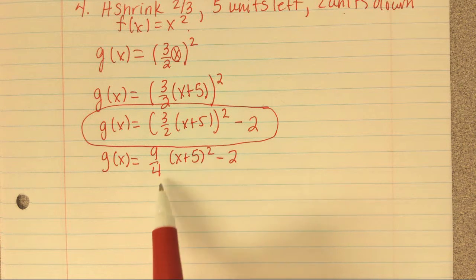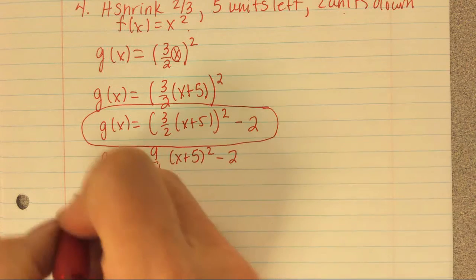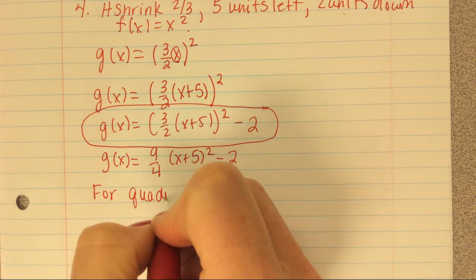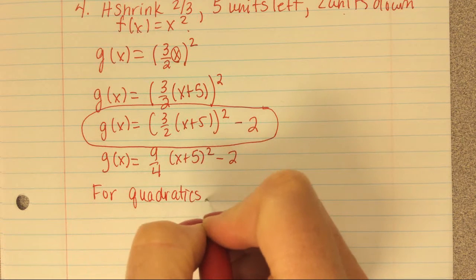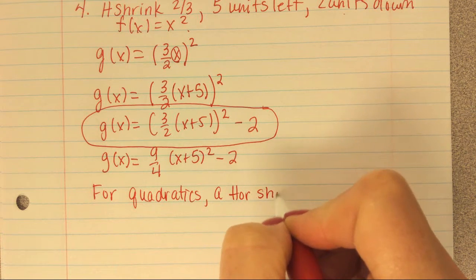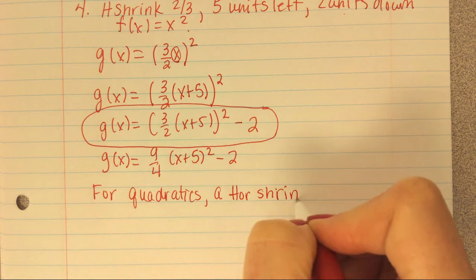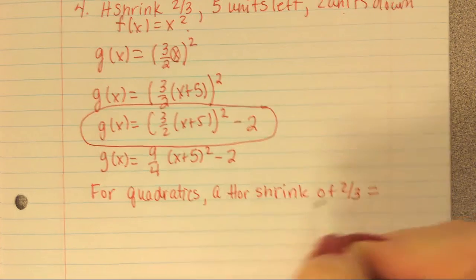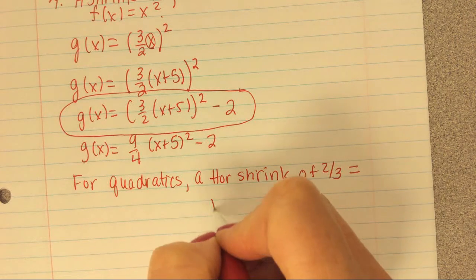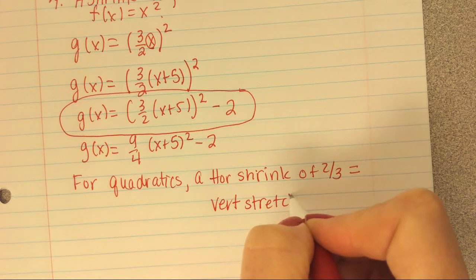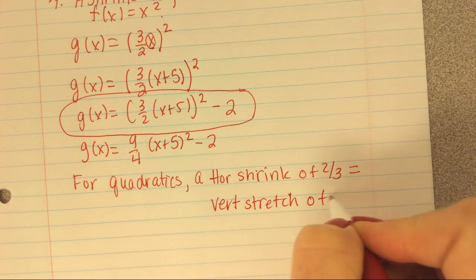But what this is also saying is that for quadratics, a horizontal shrink of 2/3 is equal to a vertical stretch of 9/4.